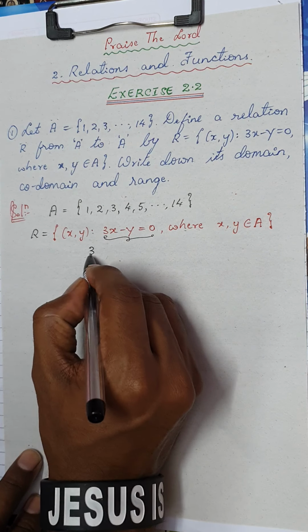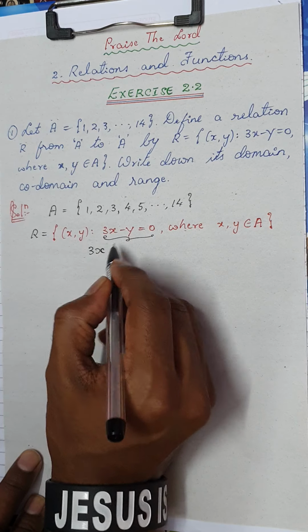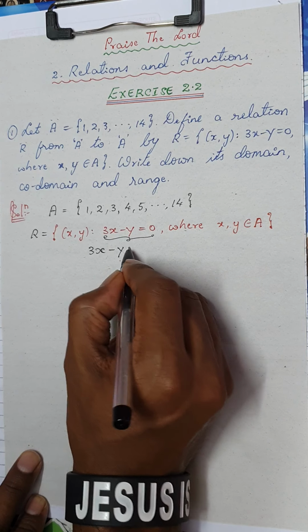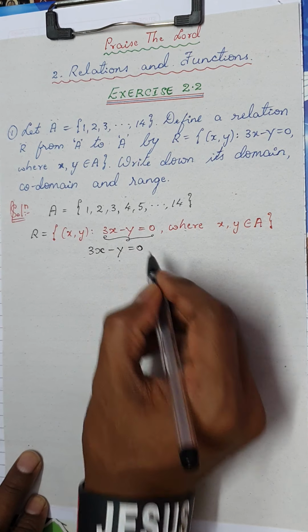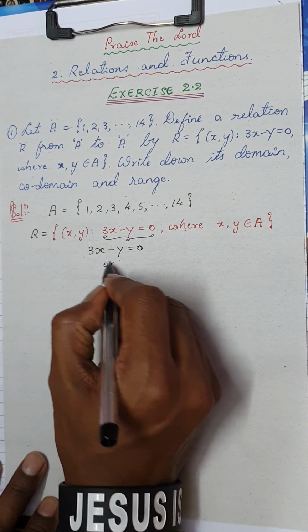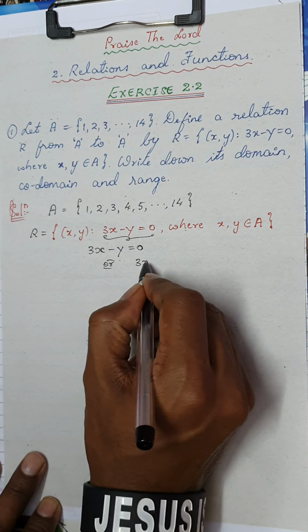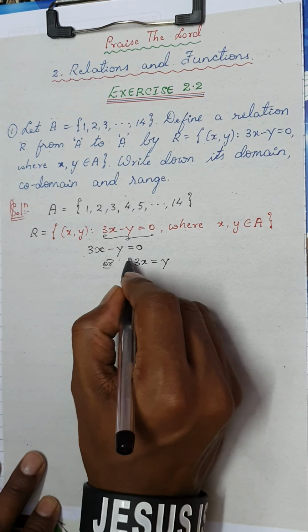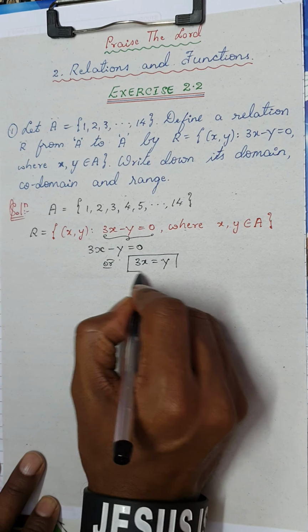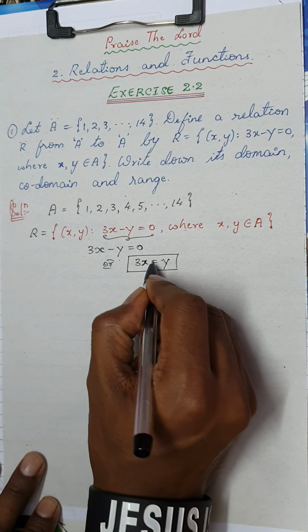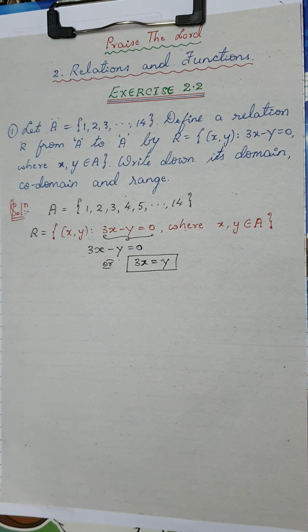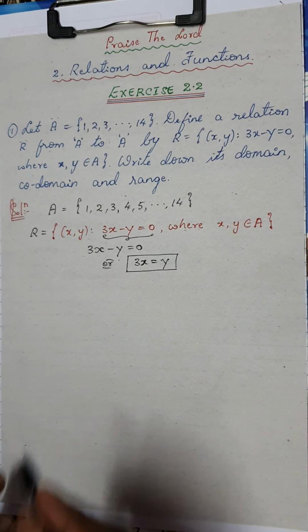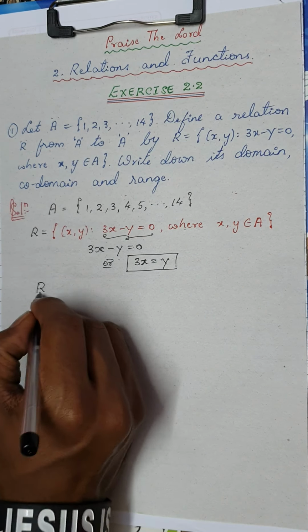Now what is the condition given? Please note it down. The condition given is every ordered pair (x, y) such that 3x minus y should be equal to 0, or 3 times x will be y. So if you put the value of x, you will start getting the value of y. First and foremost thing here is writing the relation.